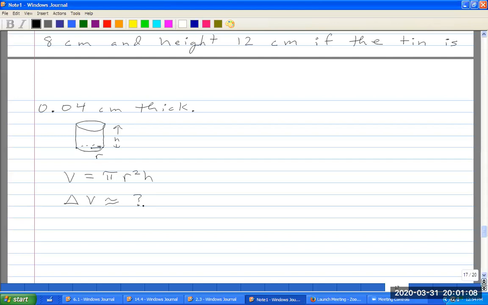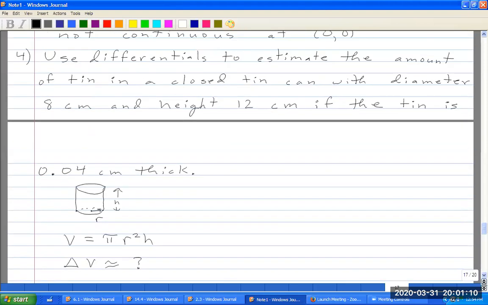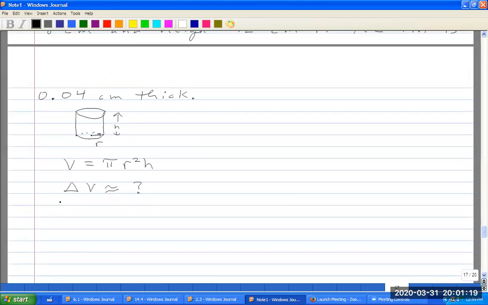So it's the change between this and, well, a little thickness to it. The diameter says that its radius is 4. The height is given as 12 centimeters.